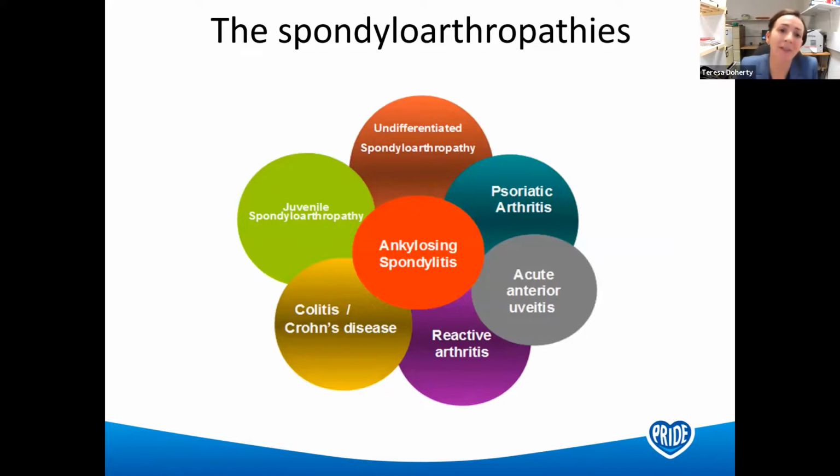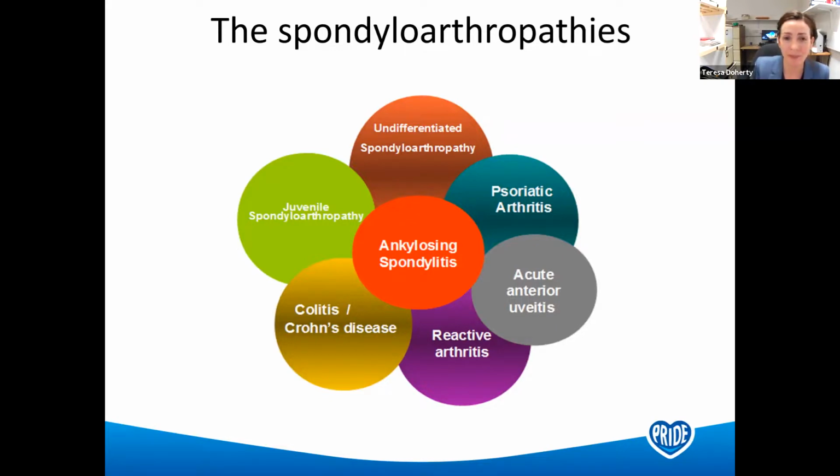So what are the spondyloarthropathies? Well, there are 7 conditions that are all interlinked. If you have one, you may have a higher frequency of having the other. Those 7 conditions are ankylosing spondylitis, inflammatory bowel disease (Crohn's disease and ulcerative colitis), reactive arthritis, acute anterior uveitis, psoriatic arthritis, what we label as an undifferentiated spondyloarthropathy, and a juvenile spondyloarthropathy.